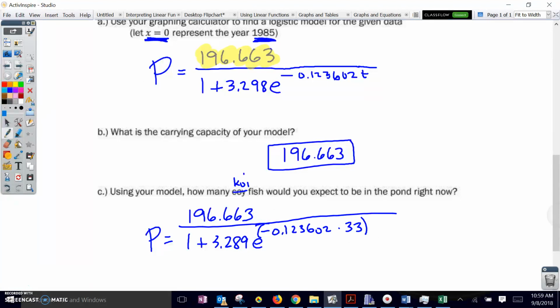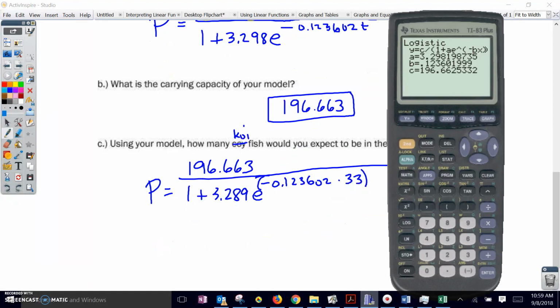And I'm going to go ahead and calculate that using my graphing calculator. And so I've got 196.663 divided by the quantity 1 plus 3.289 times e to the negative 0.123602 times 33, close my exponential, close my denominator, and we get 186.291.